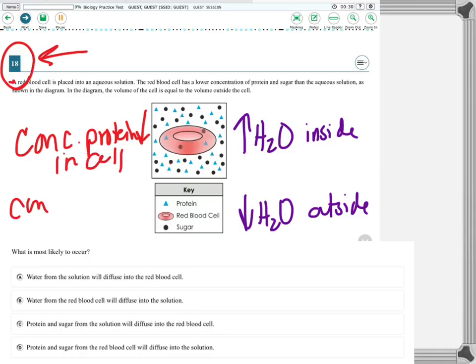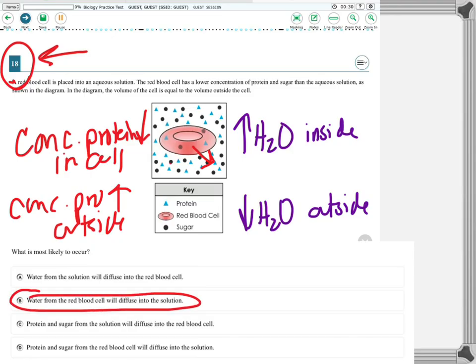So the concentration of protein has got to be higher outside. And the water then has to be higher inside and lower outside. So water's going to go where there's less of it. So water is going to flood out of this cell. Hey, there we go. Water from the red blood cell will diffuse into the solution.